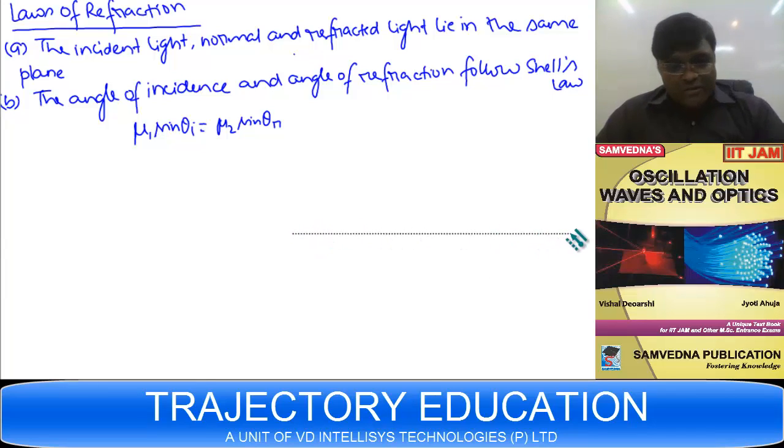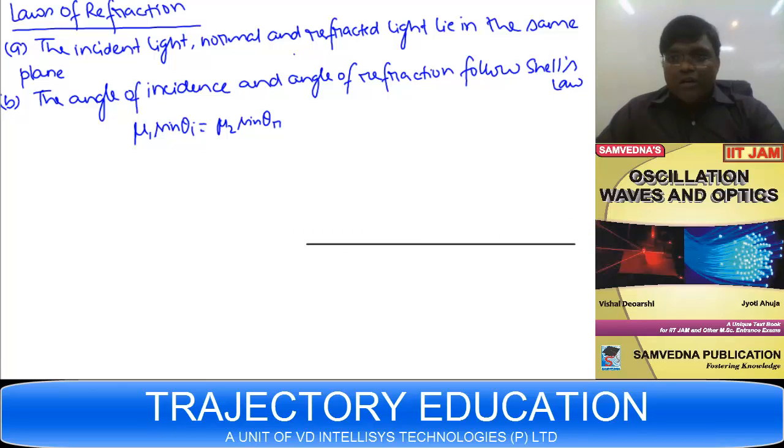Suppose we draw an interface over here. So this is the interface, right? And suppose light starts from point A and it has to move to, say, point P. Let's suppose this is the path taken by it.